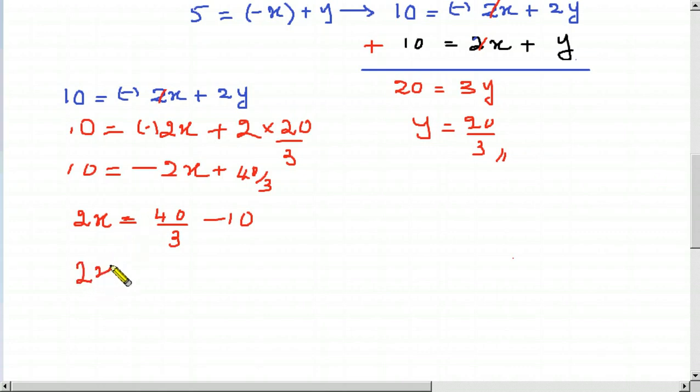Then 2x equals, let us take 3 as the common denominator, 1 times 40 minus 10 times 3, that is 30.